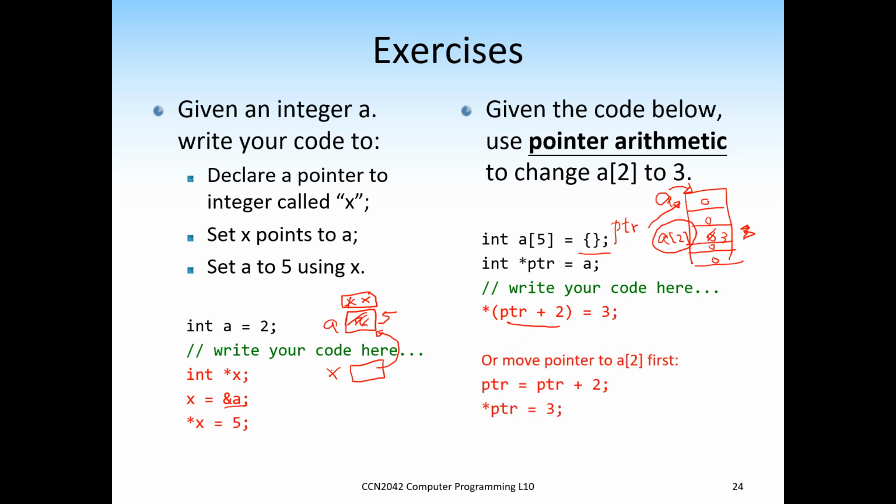Another way is that we can move the pointer around. 頭先個方法係就咁加完數之後 dereference 佢啦，另一種做法就係令到 pointer 重新指過第二格啦。So when we got pointer plus 2, and save it back, it means that we are no longer pointing to the 0 element, and here we point to the third cell, that is A2. And then after that, we just dereference it, save it to 3, then it is the same. So that's it for today.